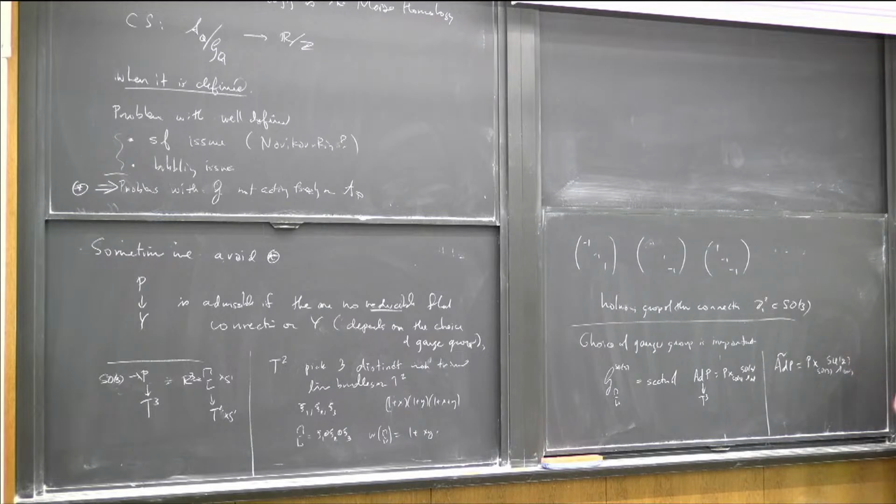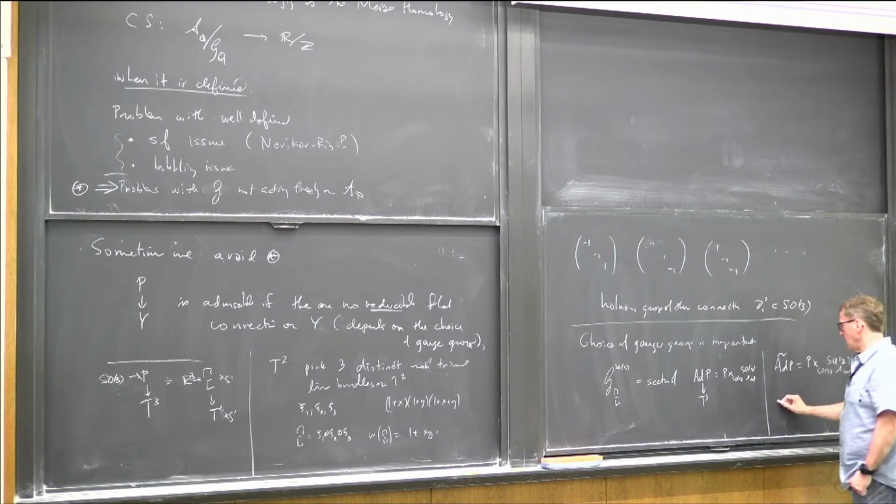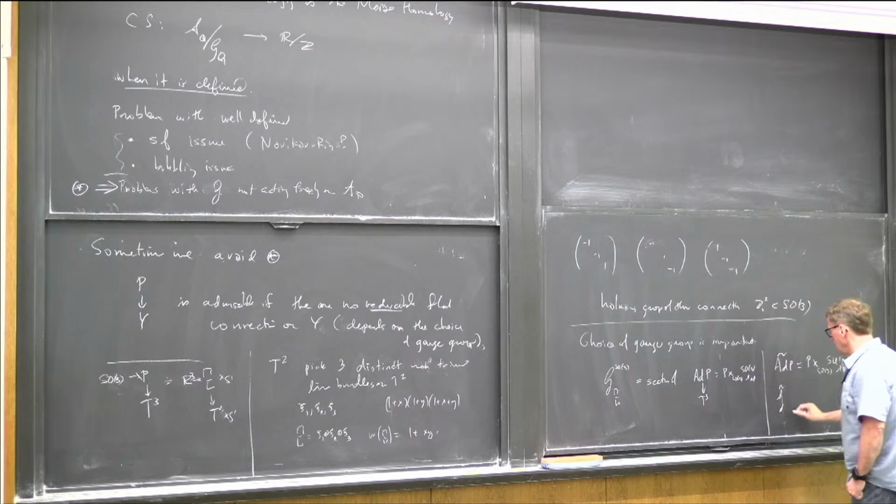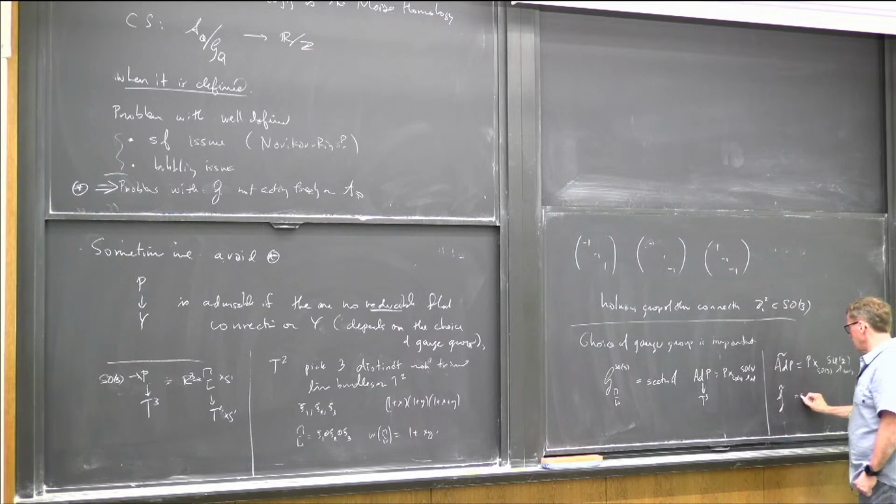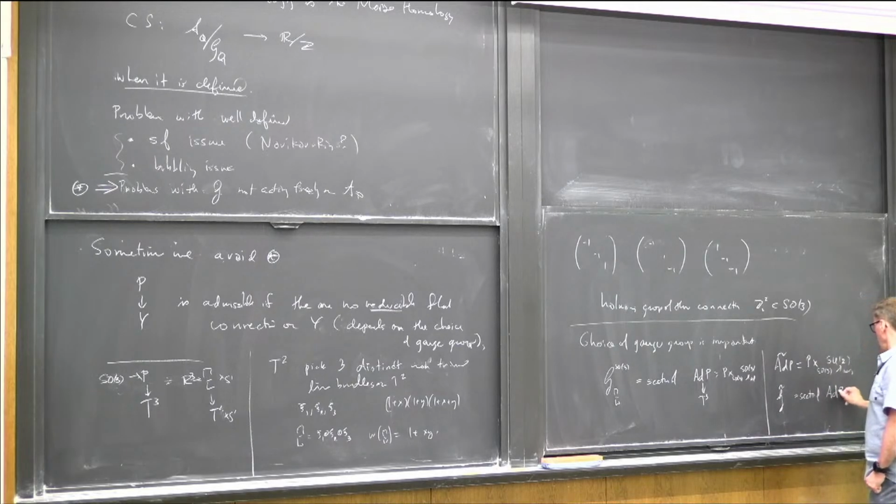Namely, when SU2 acts on itself by conjugation, -1 acts trivially. So it descends to an action of SO3. And I could look at a new gauge group, which is sections of this ad P tilde bundle over the 3 torus, or in general.